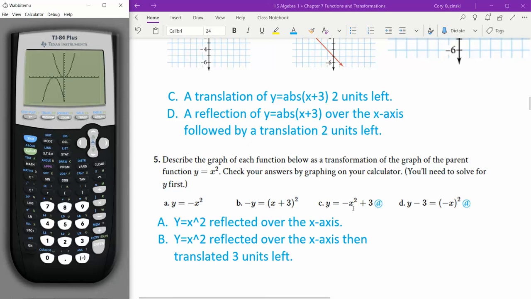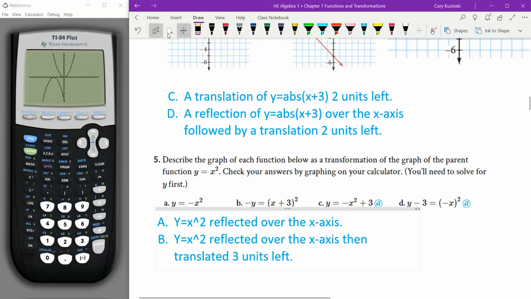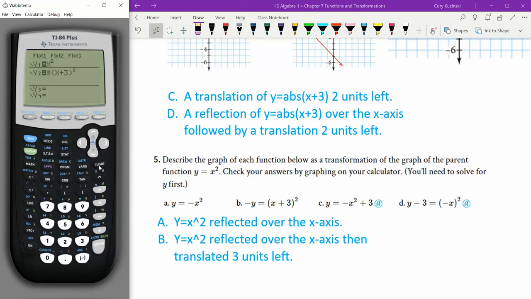All right, what about this one? This one's a little confusing. How could we get to that? That plus 3 and the negative sign. Let's graph it first and kind of cheat here. Let's go negative x squared plus 3, graph it.